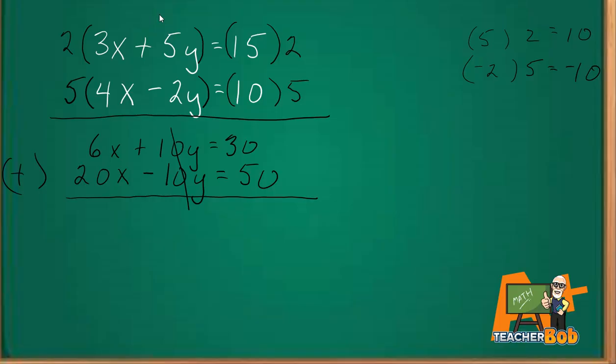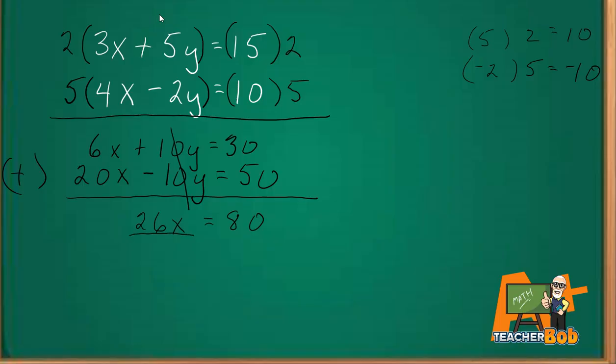And when we have one variable only in our equation, we can solve for the value of that variable. In this case, it's going to be 6x plus 20x, so we get 26x on the left side, and we add 30 plus 50 on the right. We end up with 26x is equal to 80.